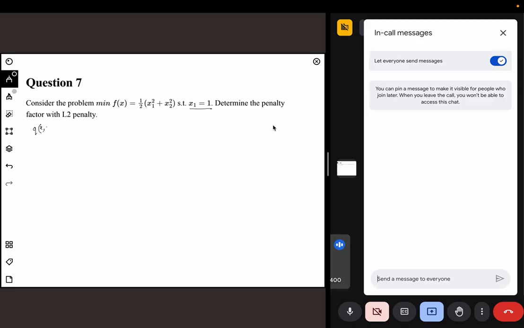What is my q of x comma c? I said it is an L2 penalty. So what will it be? F of x plus... so what is my new objective function with an L2 penalty?